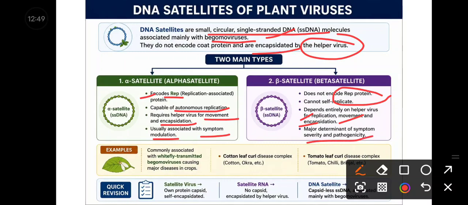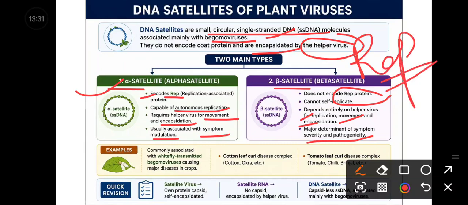So you can consider that alpha satellites are like satellite viruses, and beta satellites show similar characteristics to satellite RNAs. Here also the alpha satellite depends on helper virus only for encapsulation, just like the satellite viruses, whereas the beta satellites depend wholly on the helper virus for replication, movement as well as encapsulation, just like the satellite RNA. The main difference lies in its coding capacity, its ability to code the Rep protein, that is replication associated protein.